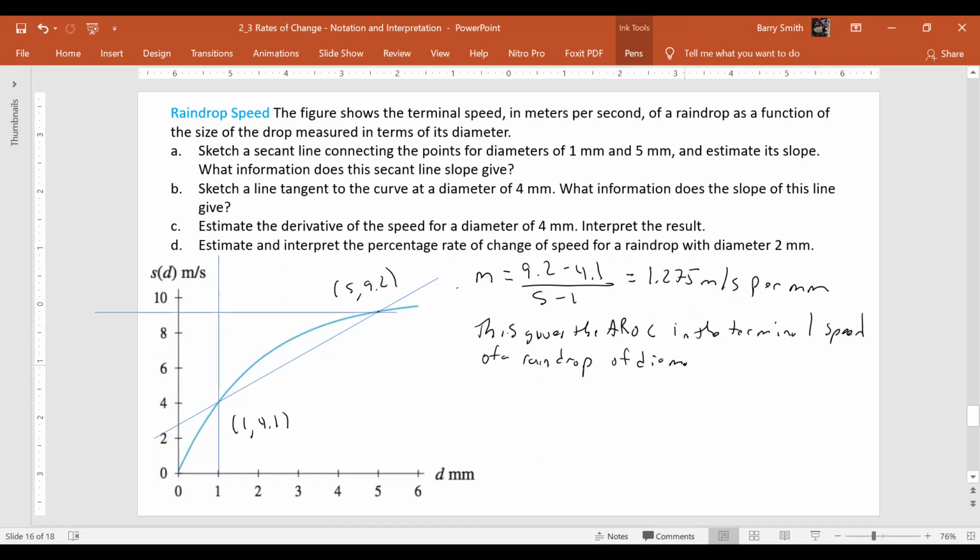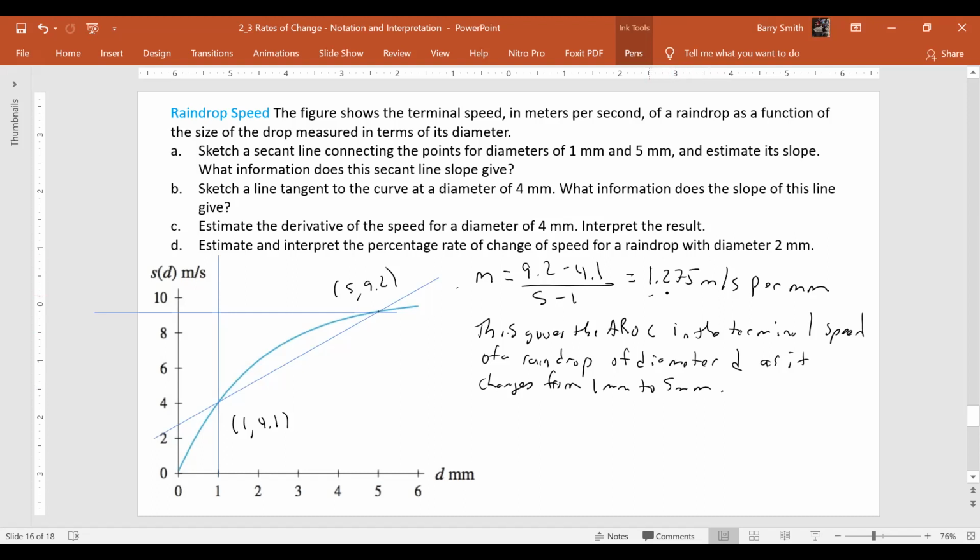That might be a better way to do it, of diameter d, because that's what we have. And as it changes from the first one, which is 1 millimeter, to the second one, which was the 5 millimeters.